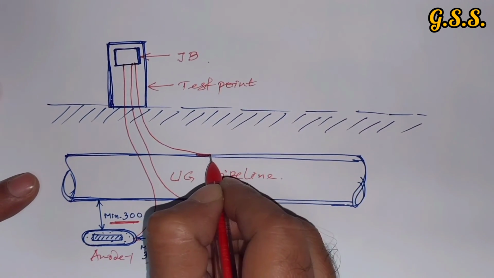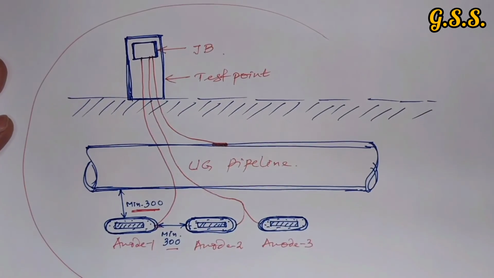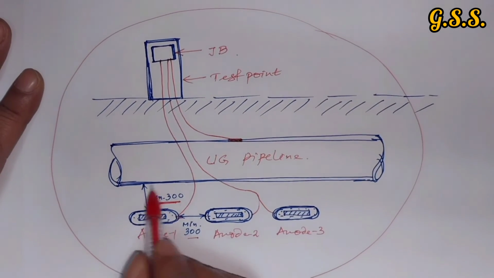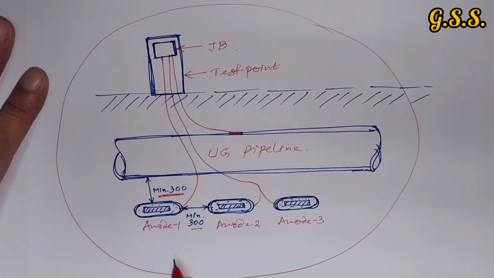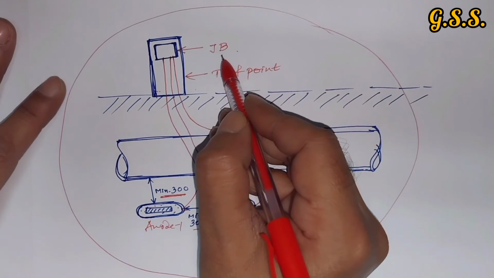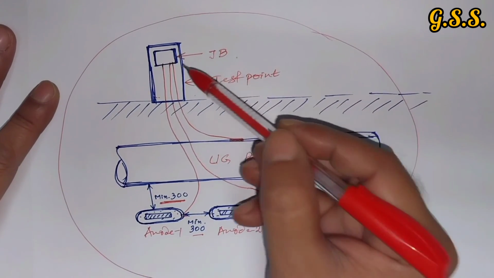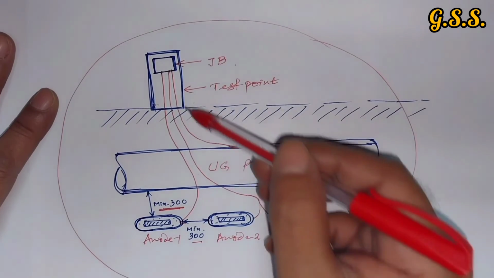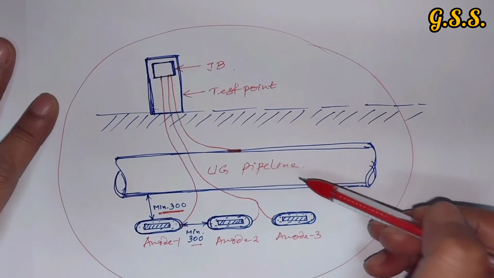Here thermite welding is there. This is the arrangement of anode location in the UG pipeline, junction box and test point. In this junction box, periodically we can measure the potential of these anodes and the potential of the pipeline being protected.